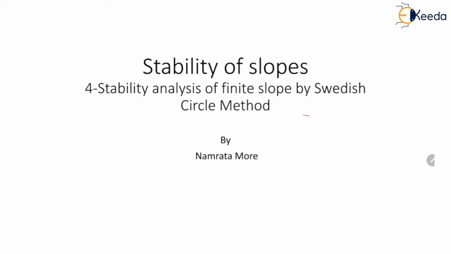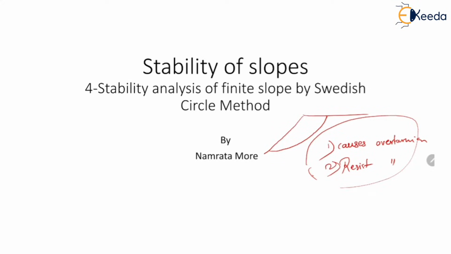In short, in this video we are going to assume a trial failure surface, and for this surface we are going to determine the factors which cause overturning. We are going to discuss the factors which resist overturning, and then by using this knowledge we are going to determine the factor of safety for that slope.